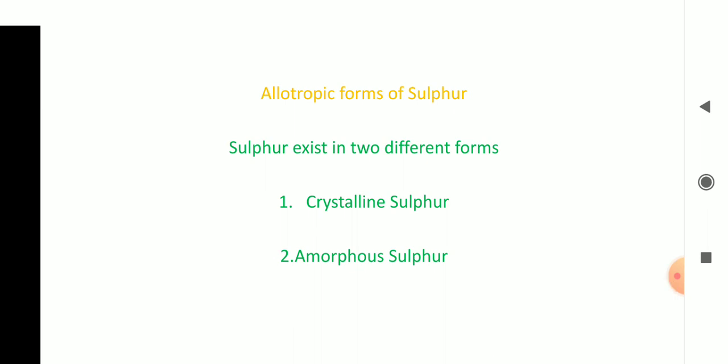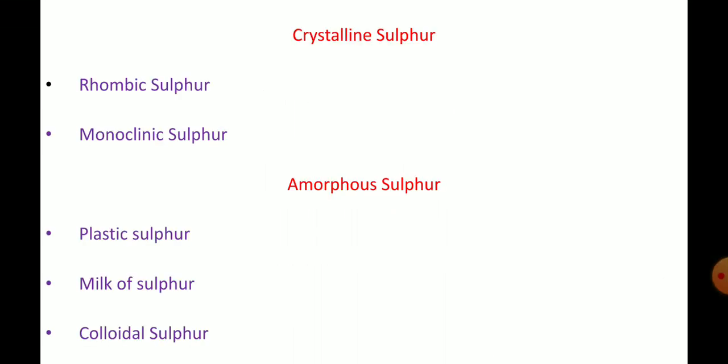Now let us see what comes under the category crystalline sulfur and what comes under the category amorphous sulfur. First, under crystalline sulfur, two sulfur forms are given. Those are rhombic sulfur and monoclinic sulfur. These two forms come under crystalline sulfur, which means their appearance looks like a crystal.